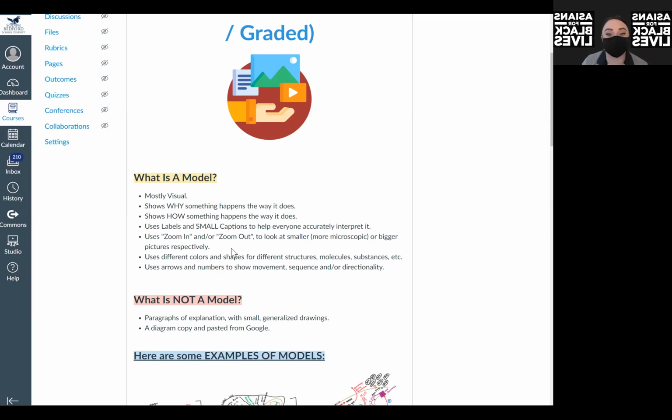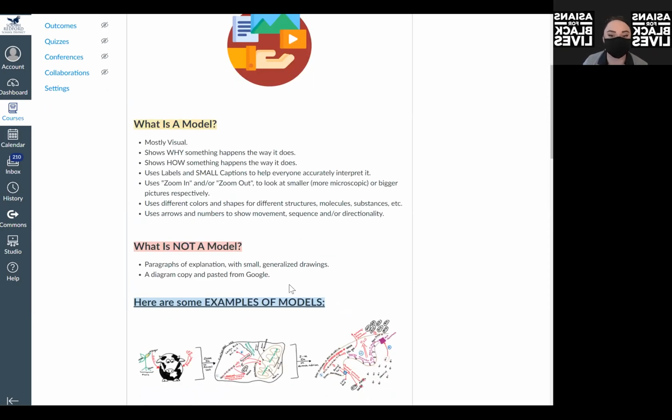You can use different colors and shapes for different structures, molecules, or substances, and use arrows and numbers to show movement, sequence, or directionality. I want to stress, a model is not paragraphs of explanation with the world's smallest, most general picture drawn above it, or a diagram copied and pasted from Google. Okay.